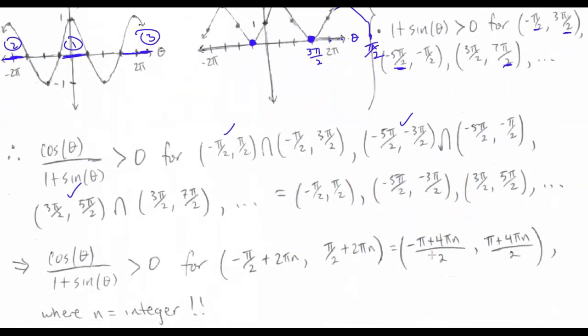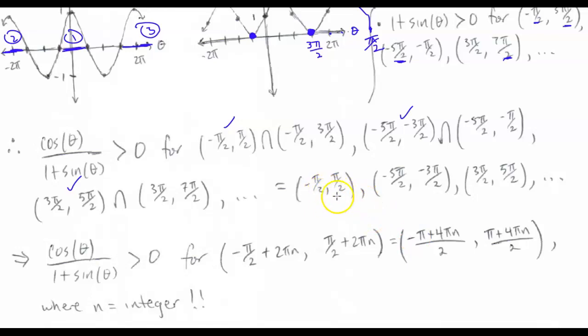Now, if we were to write this in a compact way, basically what you see happening here is that I'll have a negative pi over 2, and then 2 pi units later, whether you go to the left in this situation or to the right in that situation of negative pi over 2, you're going to find another interval starts. Okay. And then, of course, the length of this particular interval here is roughly pi units.